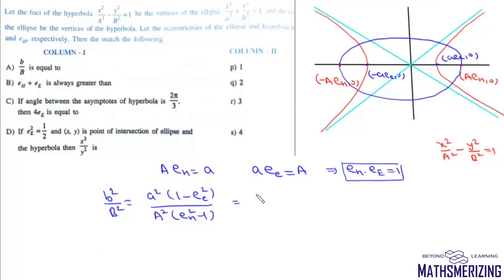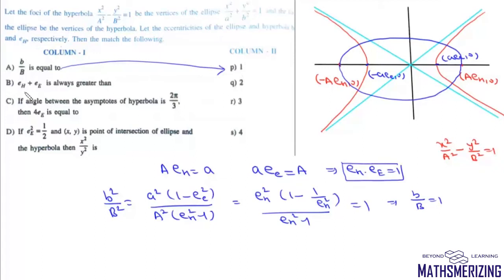So we can write this as EH square and this is 1 minus, now we know that EE is 1 upon EH, so 1 upon EH square, upon EH square minus 1. So EH square will cancel and EH square minus 1 will also cancel. So the value of b square upon B square is 1. So we can simply say value of b upon B is 1. That means this option A matches with R.